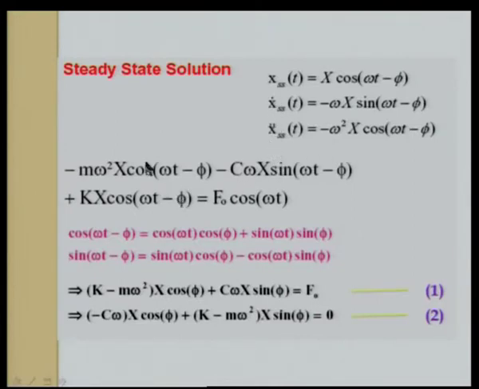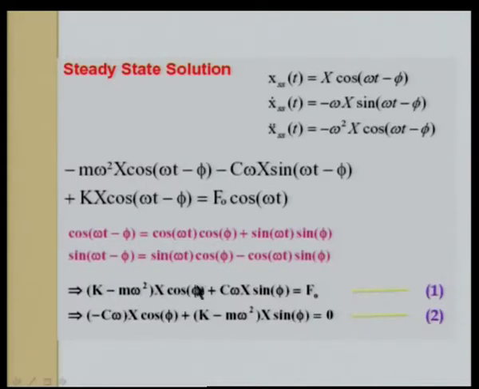We substitute it into the equation, and then we group the cosine omega t terms and sine omega t terms and expand this using the cosine trigonometric identity. We get the following two equations, which are given by equations 1 and 2.